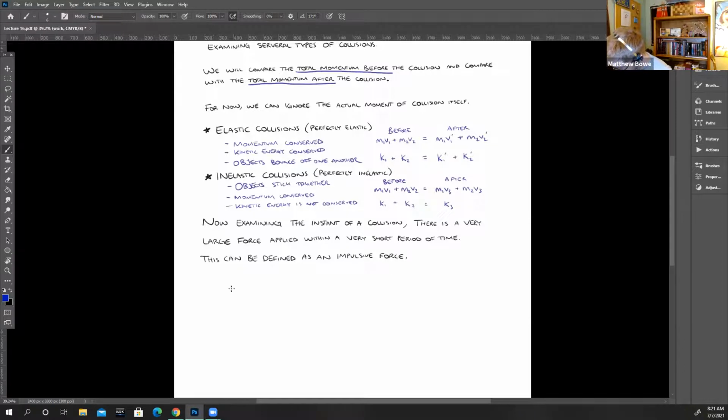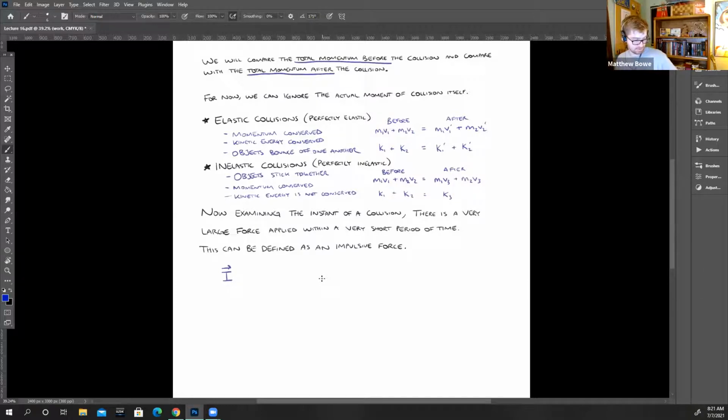So we have this impulsive force. I don't quite like how they have the symbol for impulsive force as I. Later on, we're going to get to angular momentum and moment of inertia, and it's also labeled as I. So right now, if you see this, be careful of what it's asking.